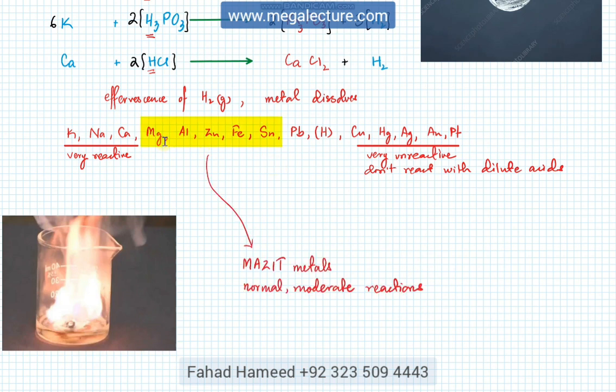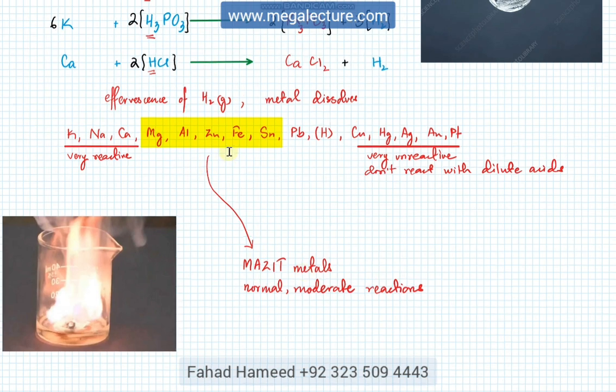Now the metals that are slightly lower down in the reactivity series are magnesium, aluminium, zinc, iron, and tin, which I would refer to as mazet metals. Magnesium, aluminium, zinc, iron, and tin. These metals are not too reactive, so they have normal moderate reactions. They're not vigorous. You can safely do these reactions in the lab.